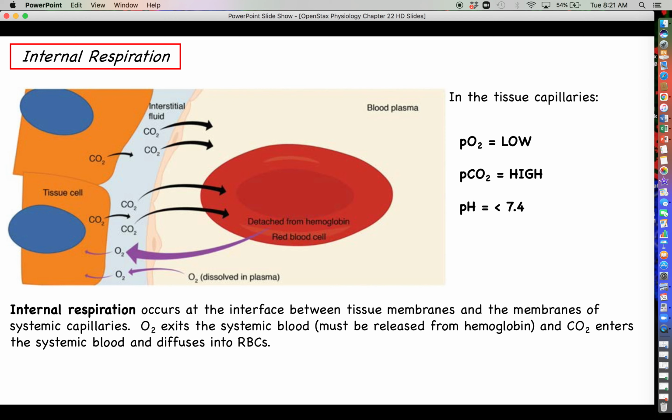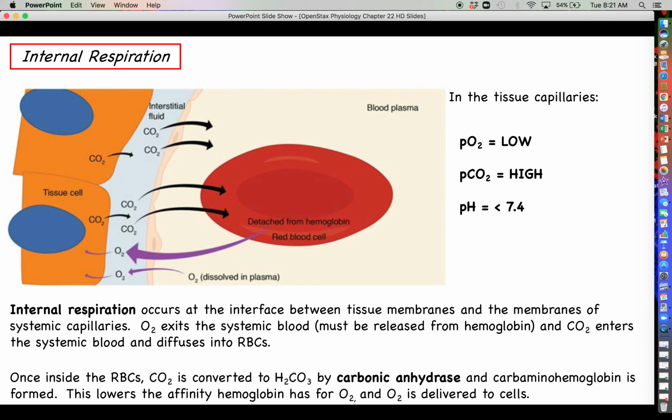Hemoglobin will want to give up its oxygen, and in the course of these high concentrations of carbon dioxide, that carbon dioxide will get inside the red blood cells, be converted into bicarbonate by carbonic anhydrase enzyme, and that bicarbonate will react with arginine side chains in the hemoglobin to form carbaminohemoglobin, and that will further reduce the affinity hemoglobin has for oxygen, so more oxygen will be unloaded, which can then diffuse down its concentration gradient to get into the cells in the tissue.